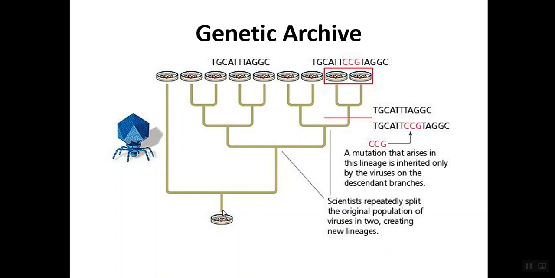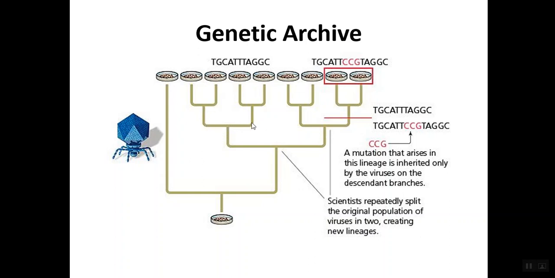And what he did, from the very first plate, which is represented again here, he then split this viral population basically in two. One he kept there, and the other he split in other two plates. He infected two different plates to resemble what happens in speciation, in the formation of two different species or groups in a phylogenetic history.